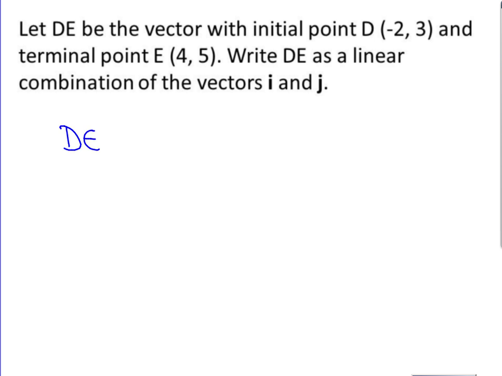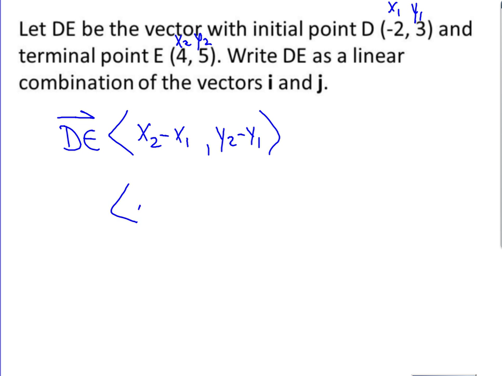So vector DE, remember to write it in component form, it's x2 minus x1 and y2 minus y1. Your initial point is your x1, y1, your terminal point is your x2 and y2. So I can say 4 minus -2 and 5 minus 3. So in component form, this would be (6, 2).